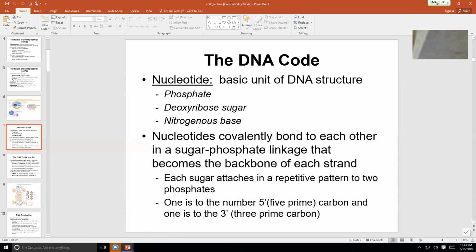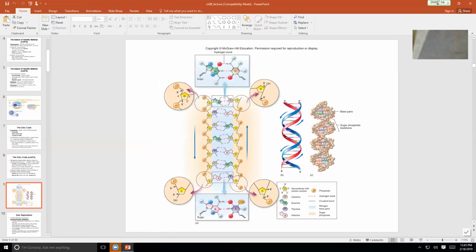Is everybody good with that? So people ask me, what is a nucleotide? I keep hearing nucleotide. Nucleotides are the monomer units of nucleic acids. Just like amino acids are the monomer units of what?